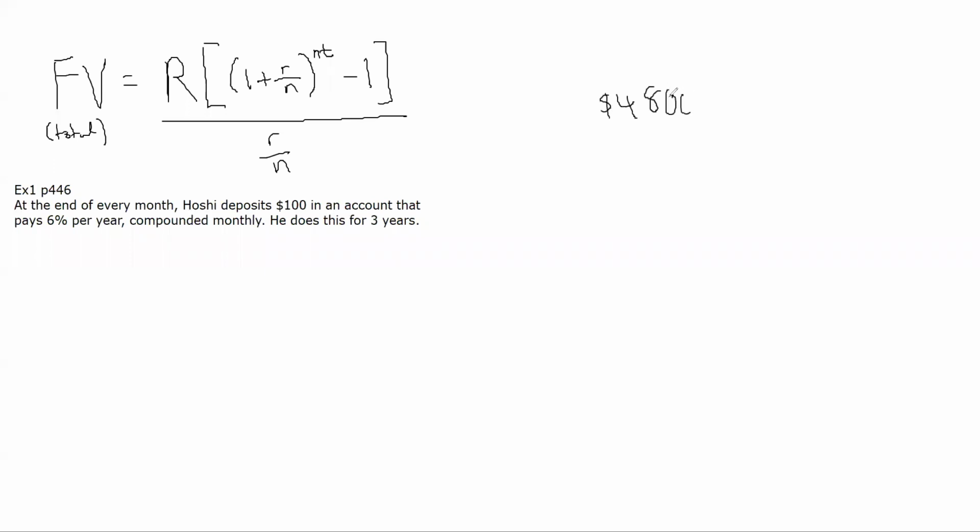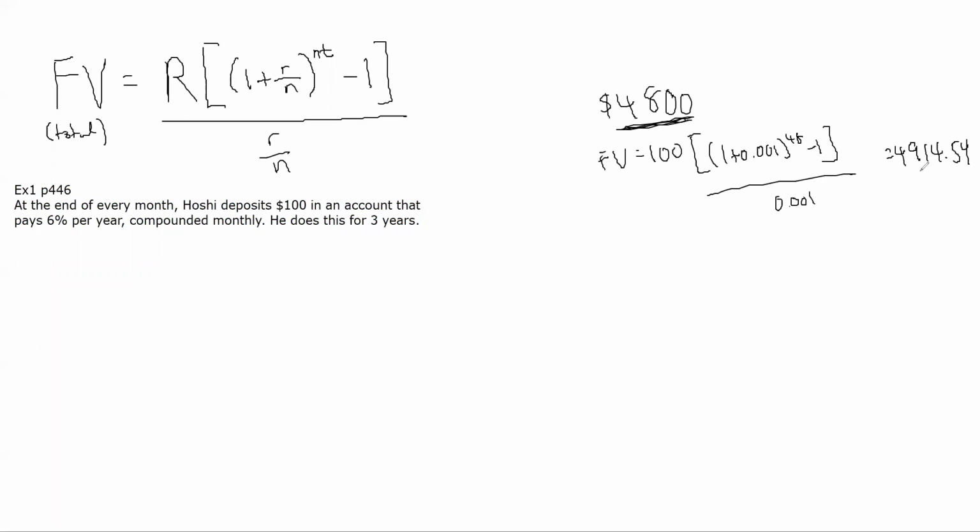Before, we know that we saved our own cash of $4,800, but if I were to do the future value of $100 every single month, 1 plus 0.001 to the power of 48 minus 1, all divided by 0.001, I would get 4,914. You know, that's still not too bad considering you're only getting 1.2% a year, okay?